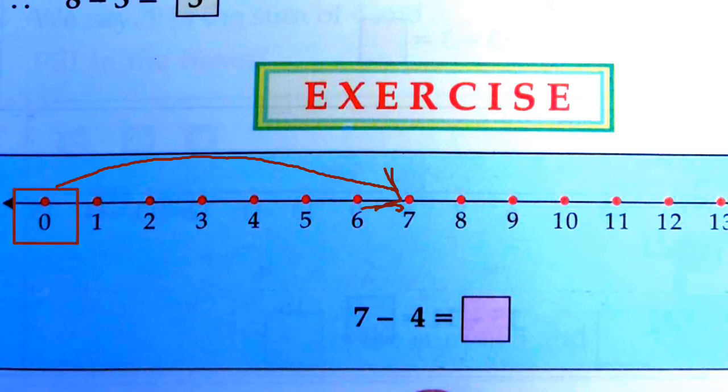Then minus 4 means we have to take 4 backward steps from 7. Then we will reach at where? From 7 we will take 4 backward steps. Where we will reach? We will reach at 3. So the answer is 3. 7 minus 4 equal to 3. You see the picture.